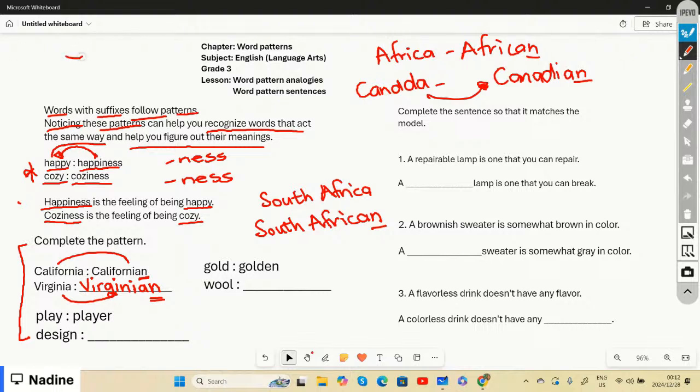If you are, for example, from Nigeria, then that makes you what?